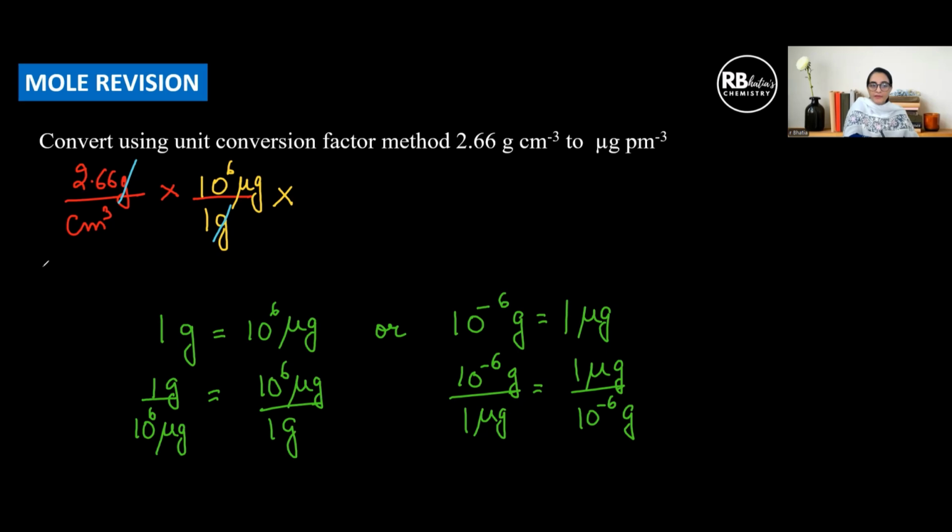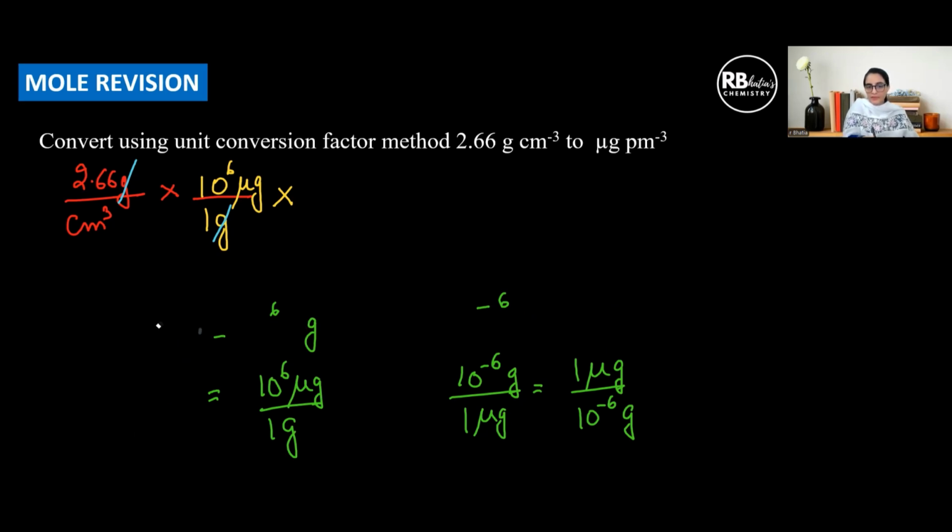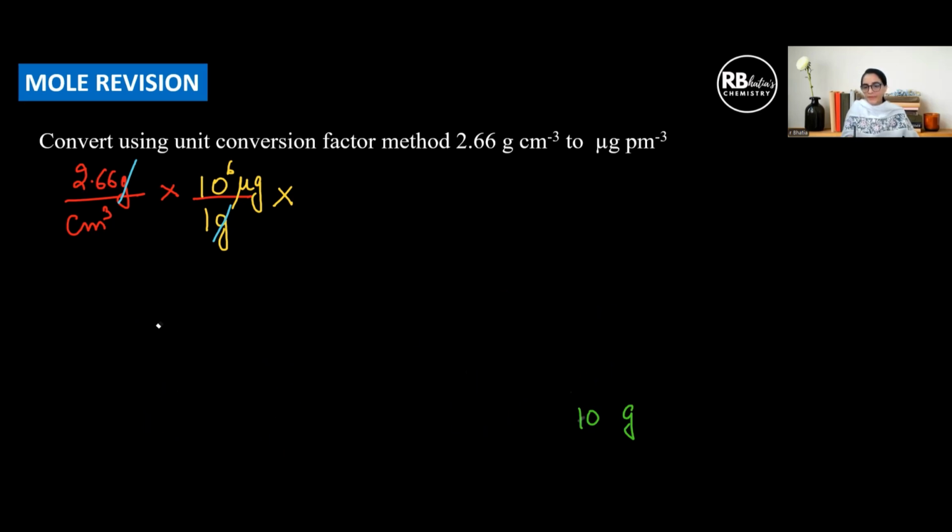Now, what are the conversion factors? I'm going to rub this out because we've already converted these into our desired quantity. And now let us pick up the next conversion. What are we conveniently aware of? We know 1 meter is 10 to the power dash picometer.